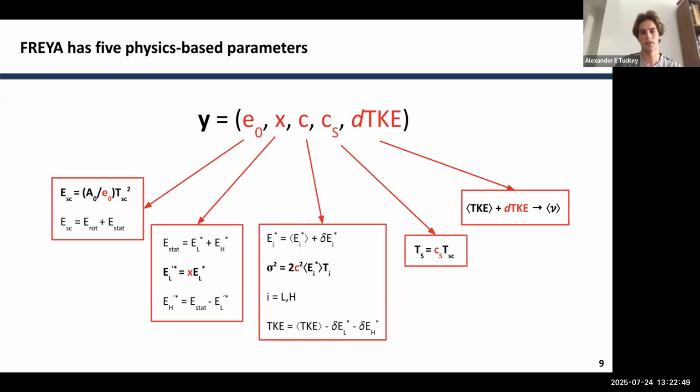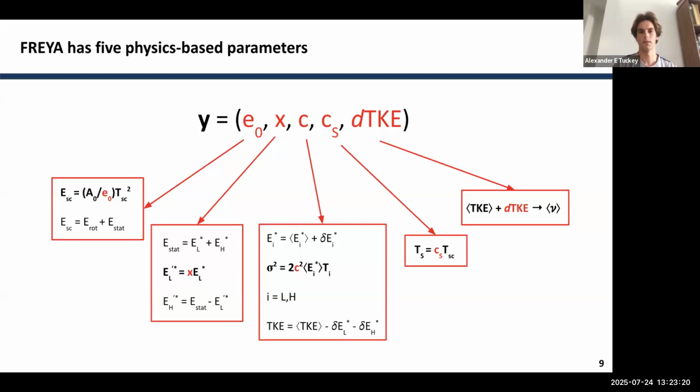Our third parameter is also related to the excitation energy of the fragments. These fragments have thermal fluctuations around the mean value of their statistical excitation energy. And this thermal variance in Freya is drawn from a normal distribution with variance shown here in bold, which is determined by the C parameter.